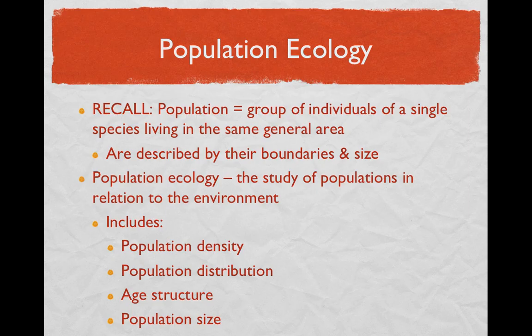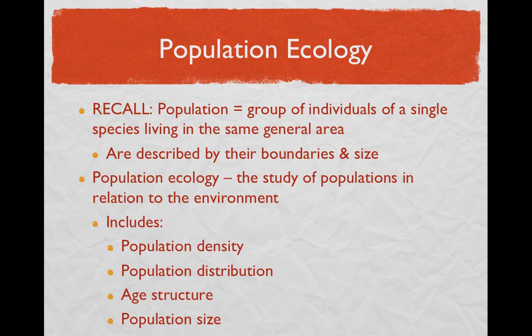We typically study populations based on their size, boundaries, as well as their growth. And that's really what this whole chapter is going to encompass. So population ecology in and of itself is studying these populations in relation to their environment.